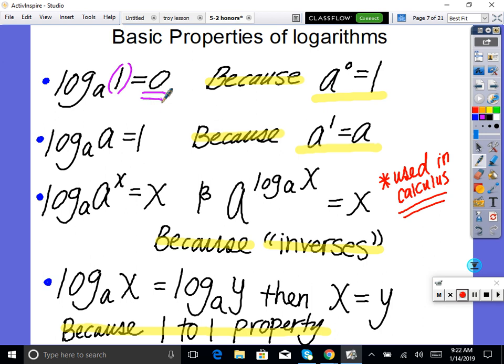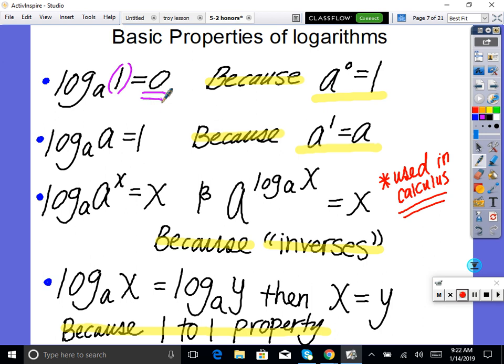So let me ask you, what's log base 5 of 1? 0, people. I just said log to any base of 1 is 0. Let's try again. Log base 2 of 1 is 0. Log base pi of 1 is? Log base smiley face of 1 is? 0. Okay, you guys get the rule. Sweet. Moving on to the next rule.